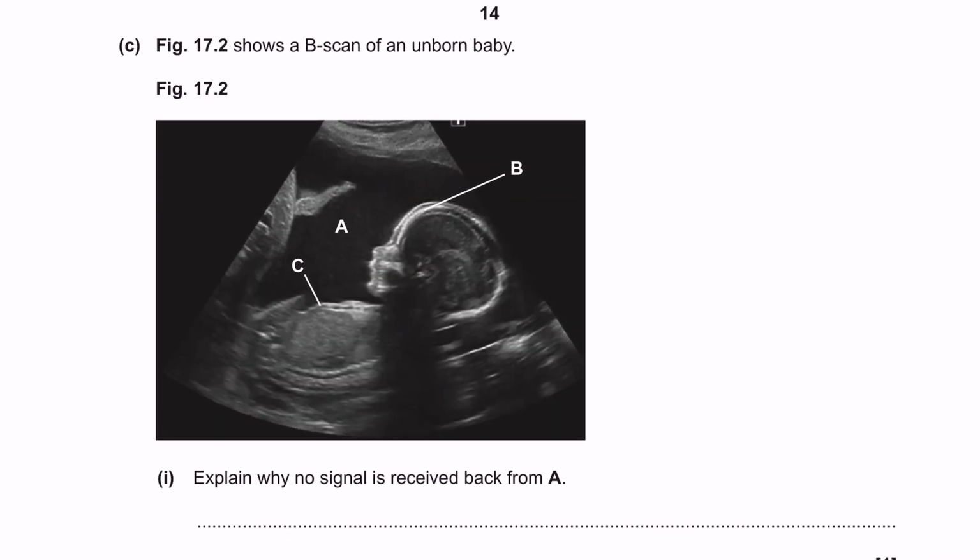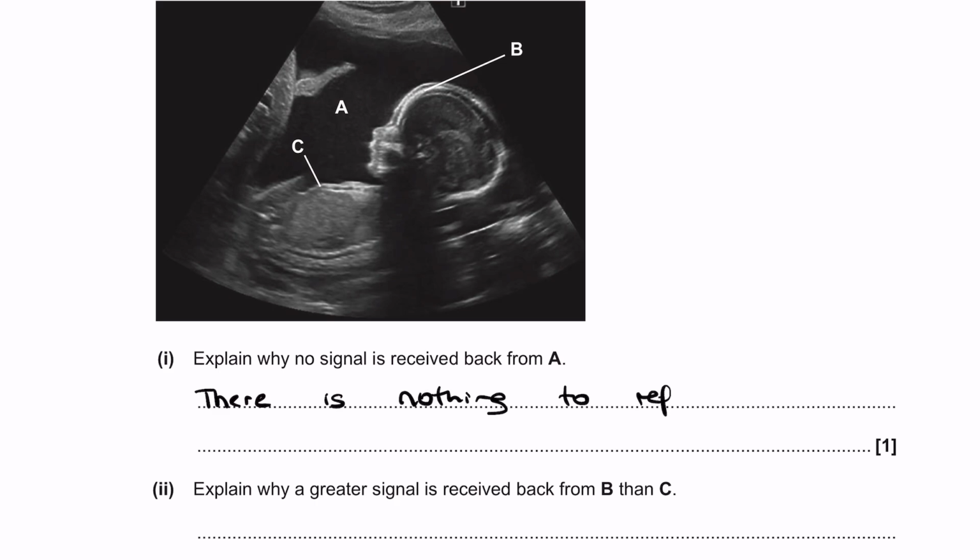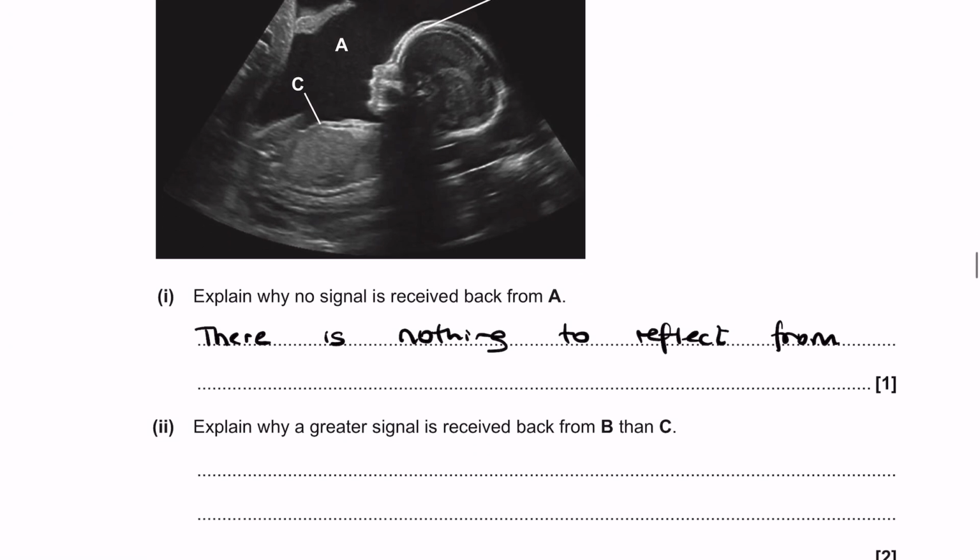We have figure 17.2, which shows a B scan of an unborn baby. Explain why no signal is received back from A. Well, because there's nothing to reflect from. Part II.